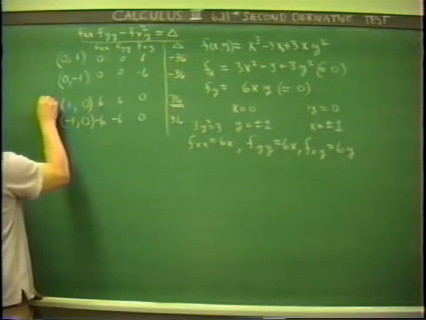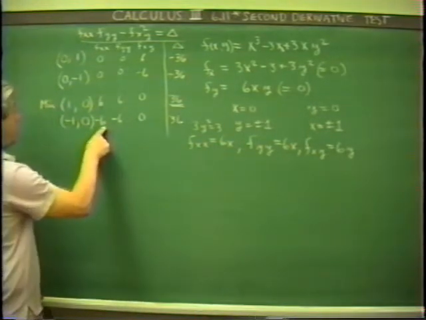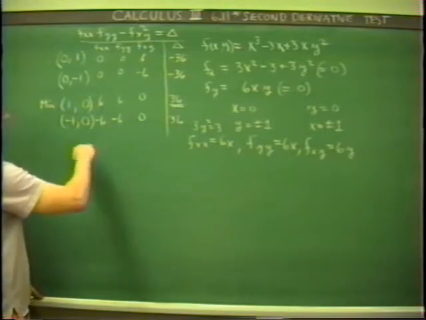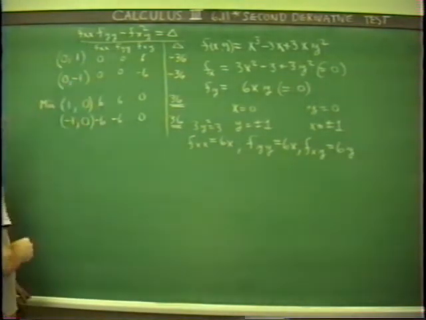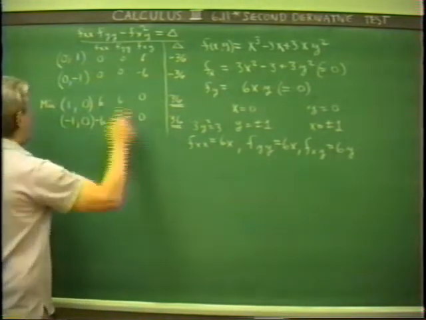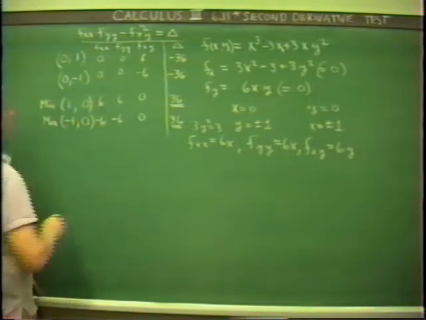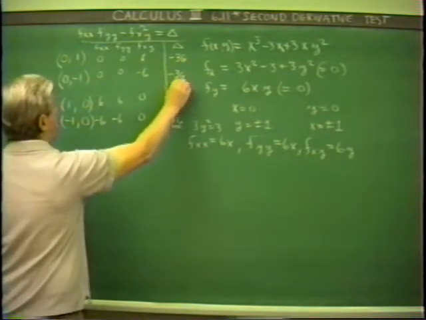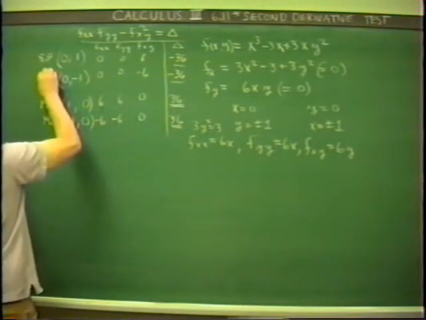The 36 indicates that yes, this is an extremum, and so consequently this is a minimum, a local minimum. The minus 6 here indicates that you've got concave down. The 36 indicates that you've got an extremum, and so this has to be a maximum.